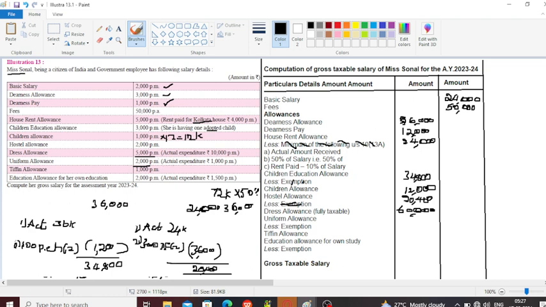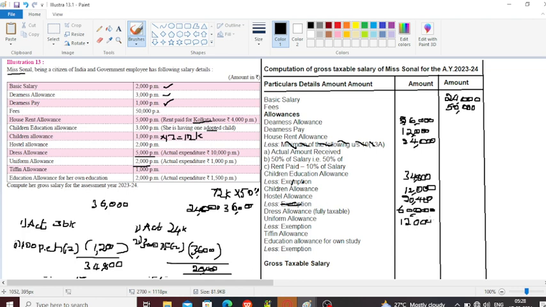Here the actual expenditure of 1,000 per month will be deductible. If it is 2,000 per month, what will it be per annum? Nothing but 24,000. If you subtract 12,000 from 24,000, the taxable uniform allowance will be only 12,000.